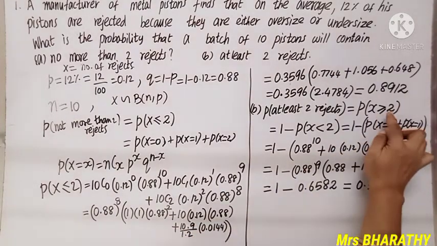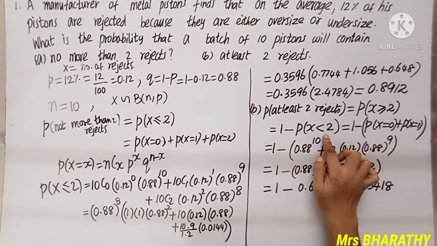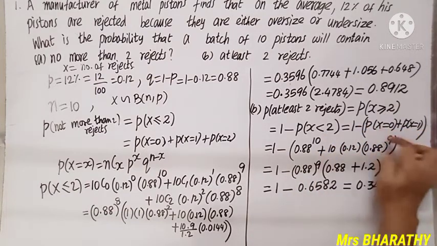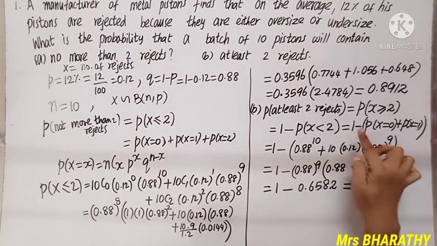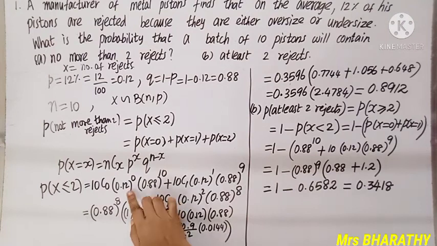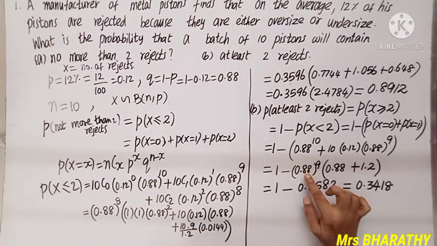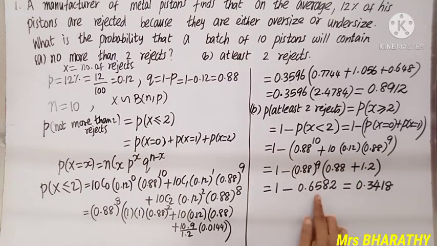So what I don't want? Below 2 I don't want. So below 2 is 0 and 1. What I don't want, subtract from 1. These two we have already calculated here. Just substitute. Use the calculator, simplify, subtract from 1, we arrive at 0.3418.